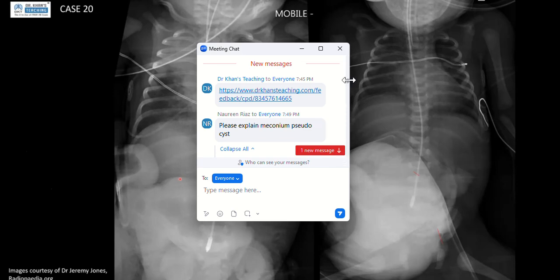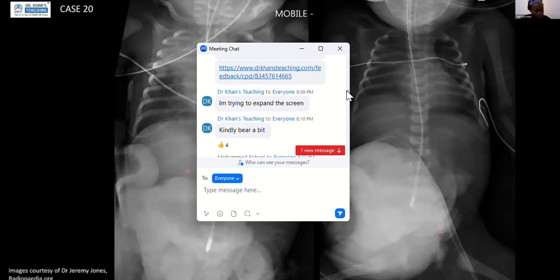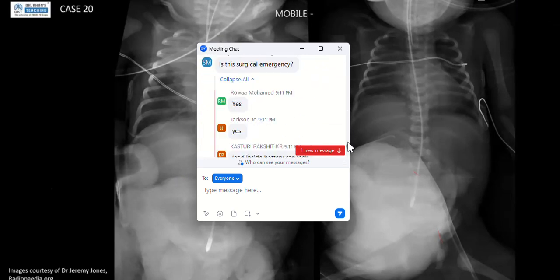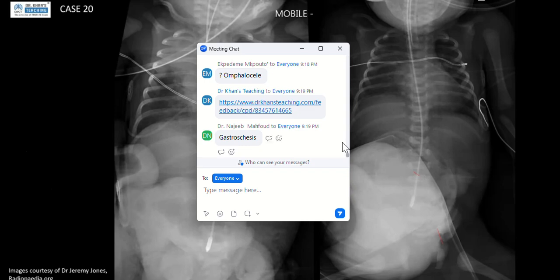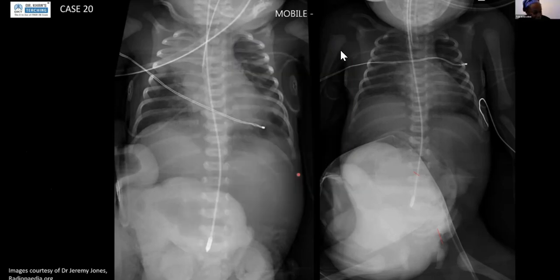Yeah. So what do you think is going on? I think the bowel loops are extruded from the abdomen. Exactly. So this is gastroschisis. Gastroschisis. Sorry. Yeah.